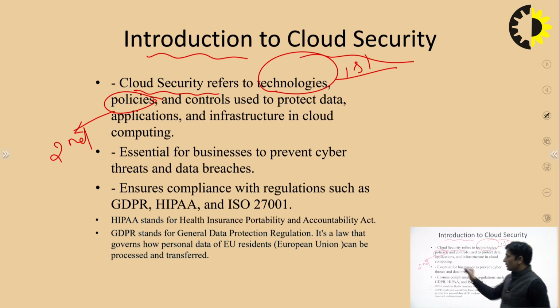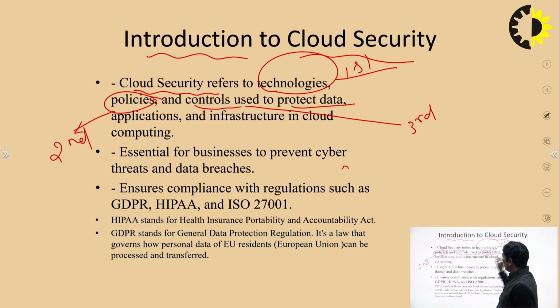Policies are the second measure. Controls are the third measure that can be applied. These three things can be used to ensure security.